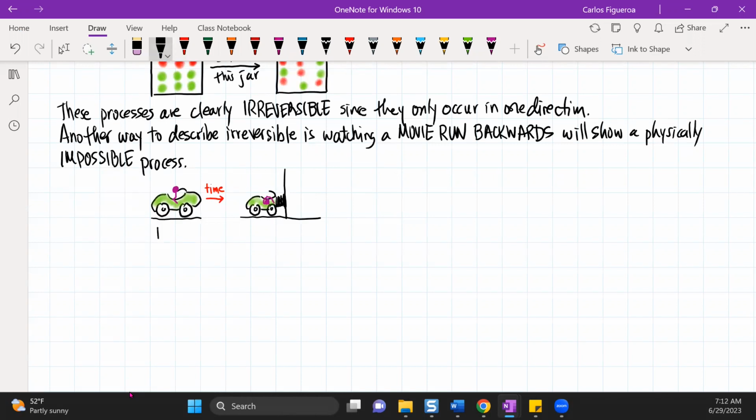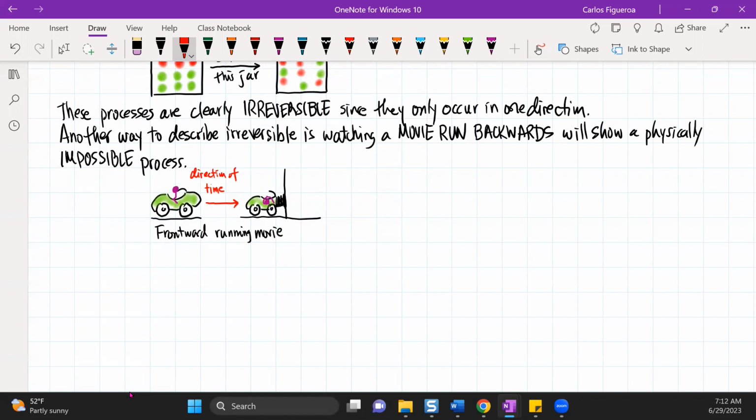So this is a frontward running movie. And I should say this is the direction of time. So I'm going to make this a little bit bigger.